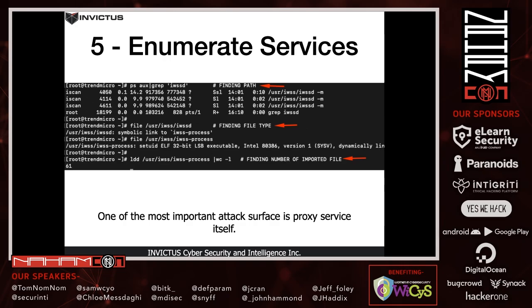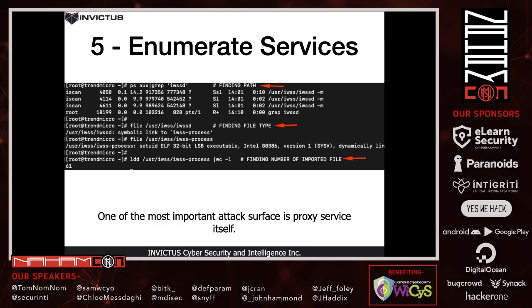All right. Let's have a look at the IWSSD service. You can find the full path just by grabbing the process tree, and you can use the file command to find out the file type, which has the symbolic link to the iwss-process, which is a Linux binary, and it specifically has 61 imported projects.